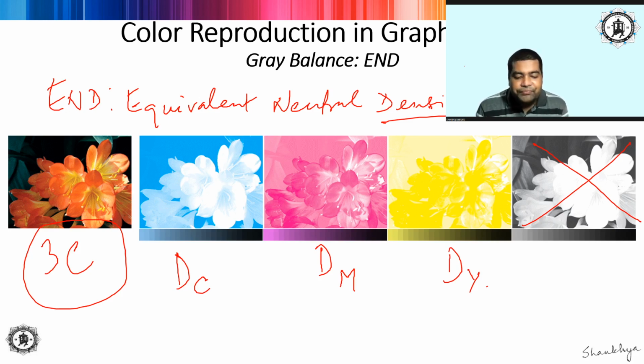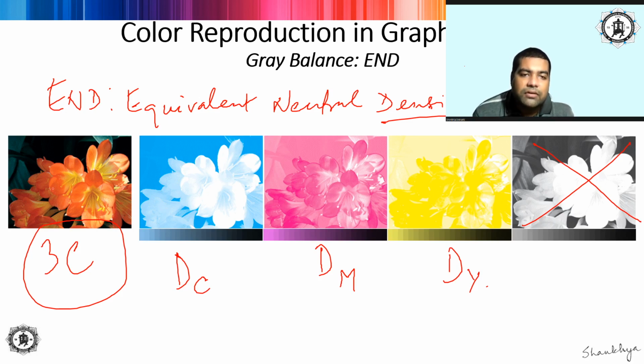Now also, another important thing that I would like to focus on right at the beginning, in fact, is that the concept of END is widely used in various calibration techniques. So I don't think you know what calibration is.